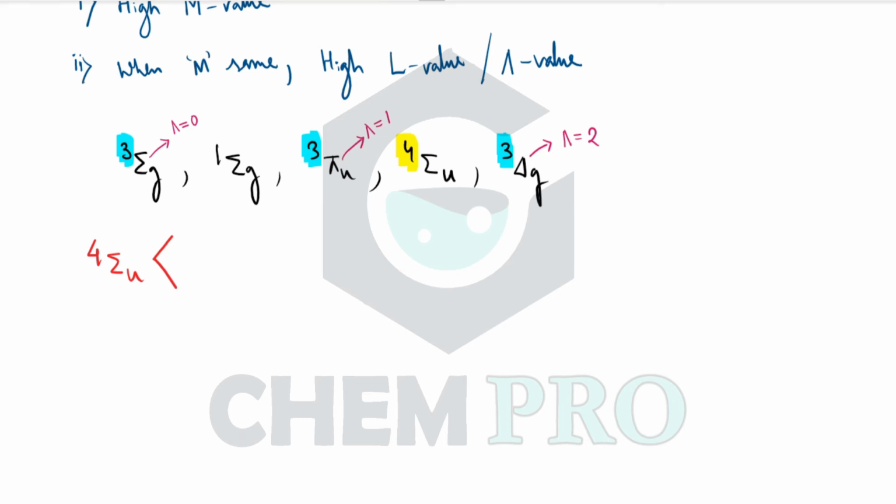That means this has the highest lambda value, or L value. So then it will be 3 delta g. Now there are 2 remaining term symbols with the same M value. So for this, we look at which has the highest lambda value between these two.